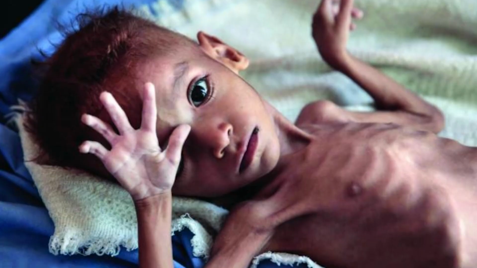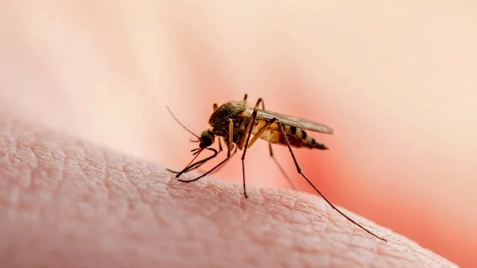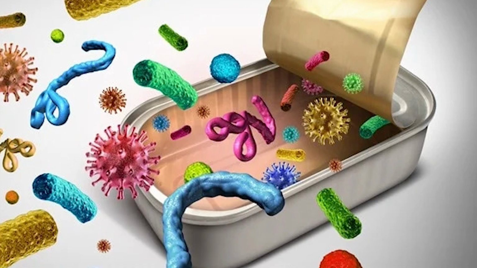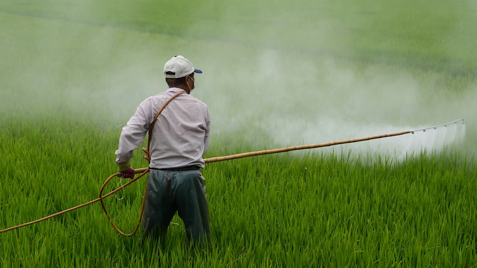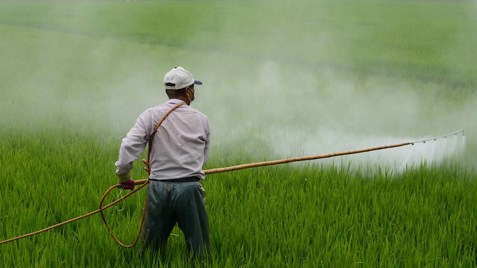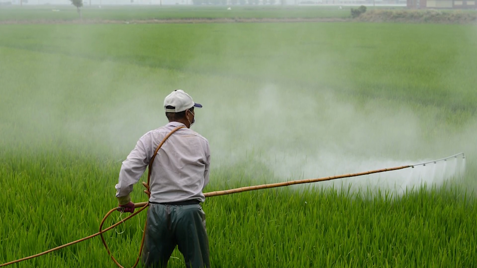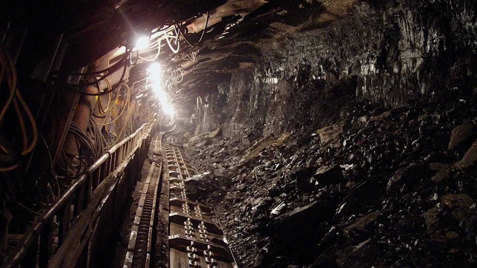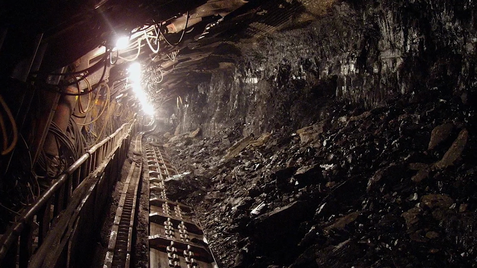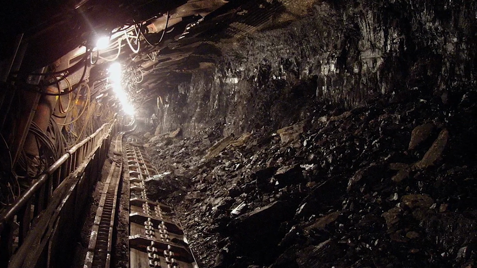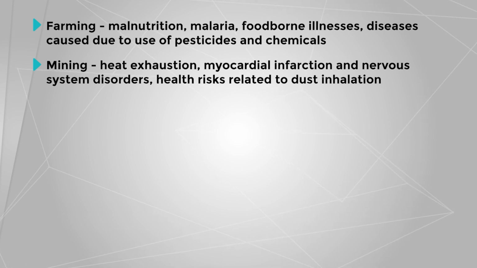For example, agriculture can be linked with poor health from malnutrition, malaria, foodborne illness, and diseases caused due to exposure to pesticides and chemicals such as DDT and arsenic. Deep mines produce severe problems for workers in terms of their risk to high blood pressure, heat exhaustion, and nervous system disorders.